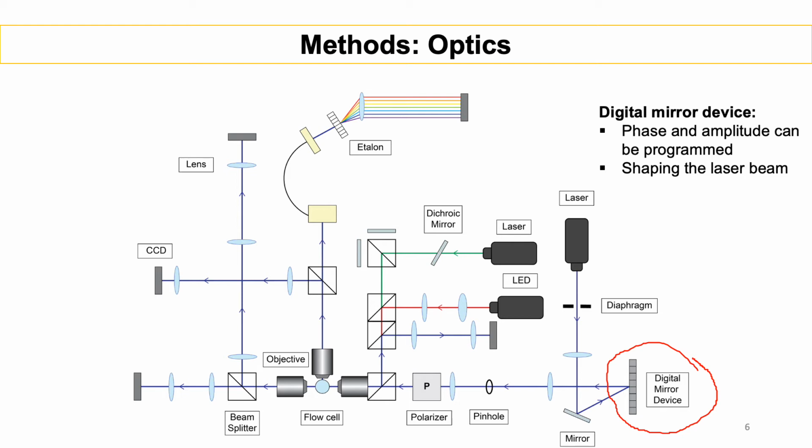Such we can shape the laser beam in any shape we want. In this case, we want the shape to be a donut shape. Using the pinhole as a spatial filter, we can select the preferred mode of the digital mirror device beam. The illumination shape facilitates decoupling of size and refractive index using Mie theory.